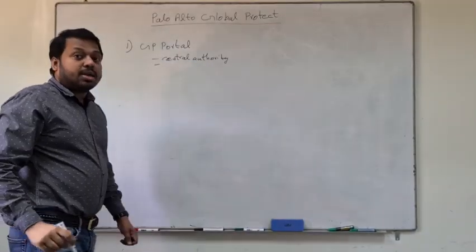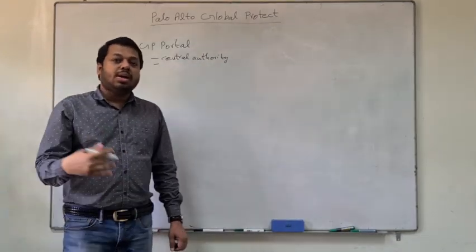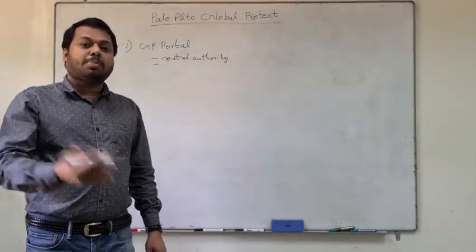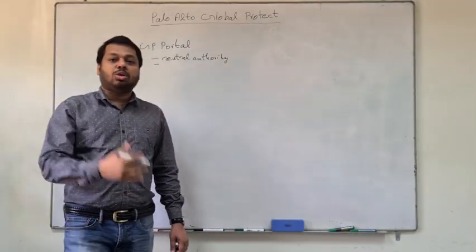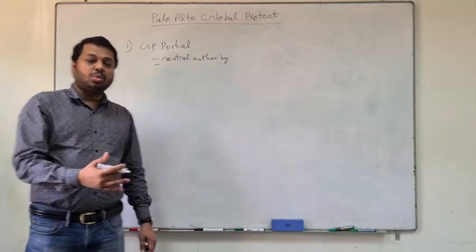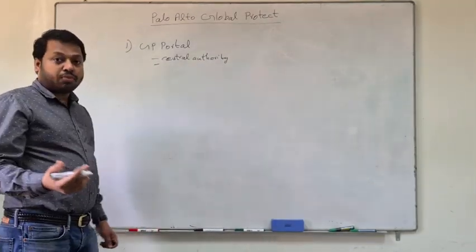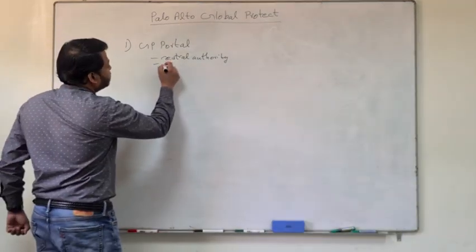Secondly, this will have the gateway information, whether the gateway is an internal gateway or external gateway, and what is the priority of the gateway. Source region, maybe one country will connect to gateway 1 and another country will connect to gateway 2. So all that information and the number of gateways will be available in the portal configuration.